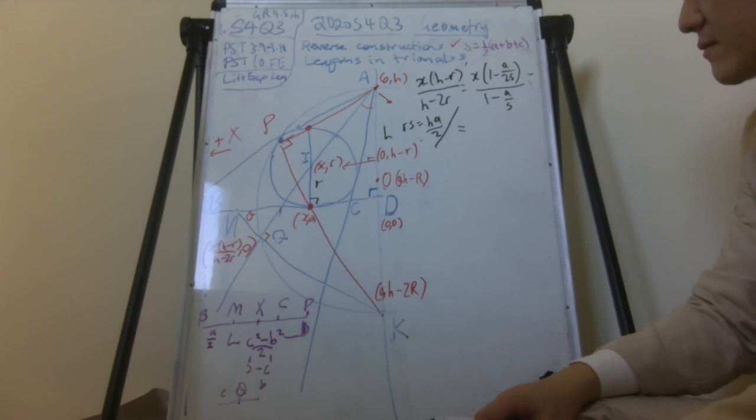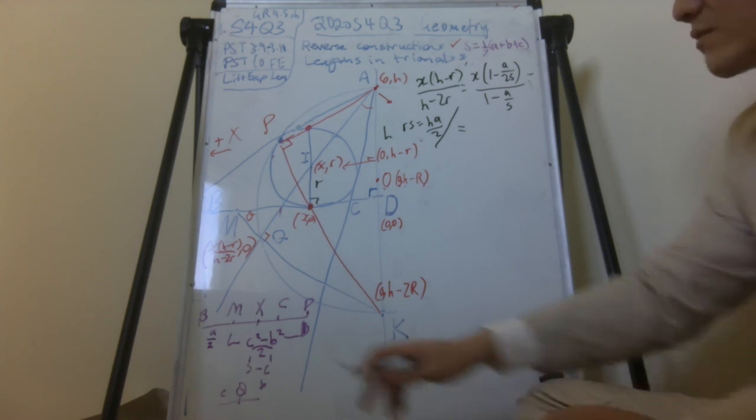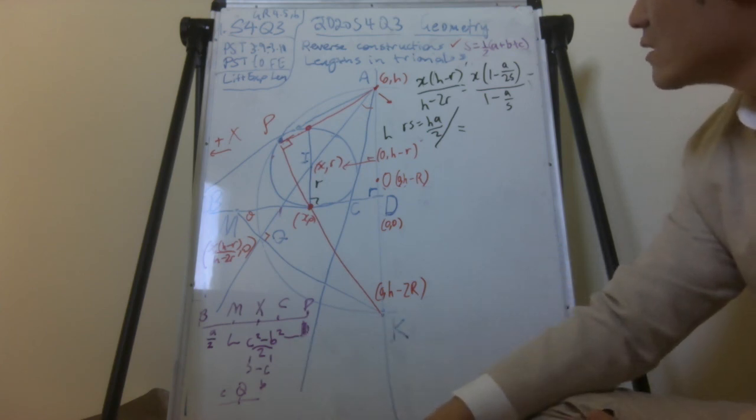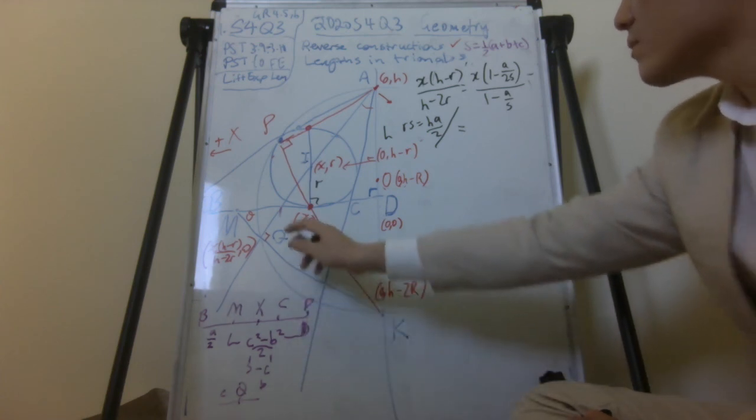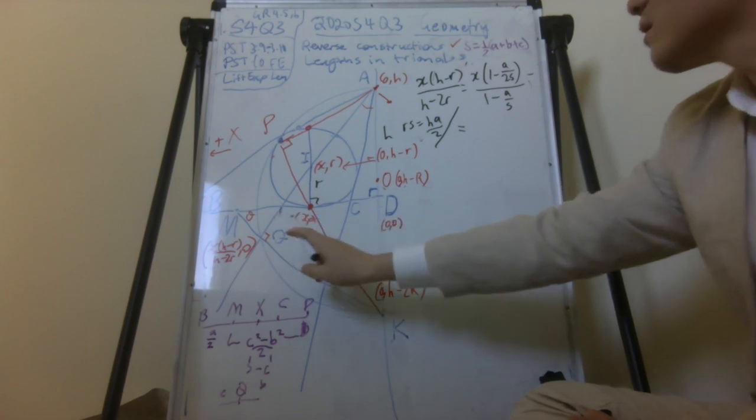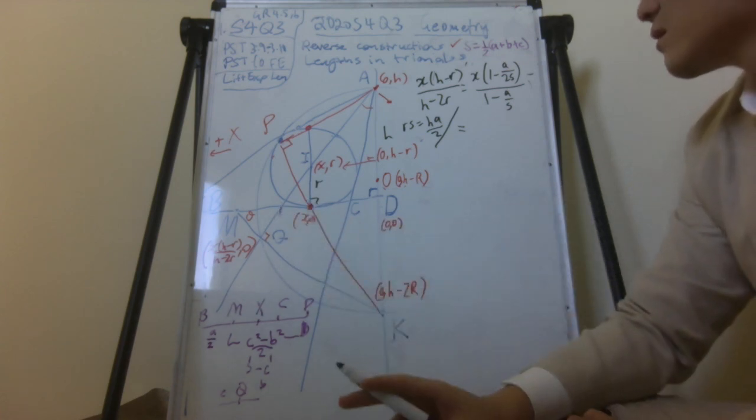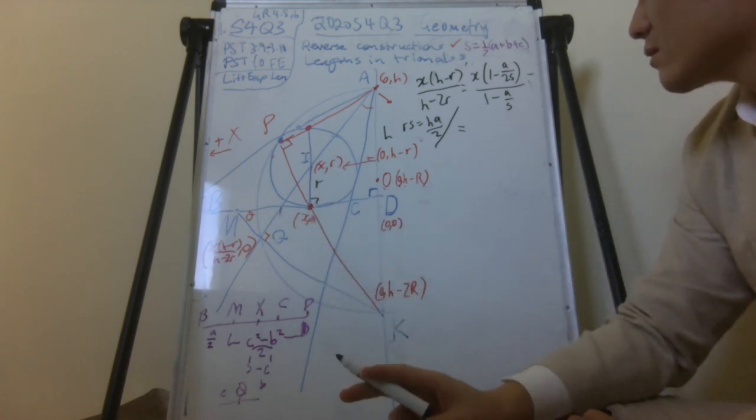What's X? So we have some formulas for X. So maybe X can be regarded as the purple point minus... do we know the distance there?